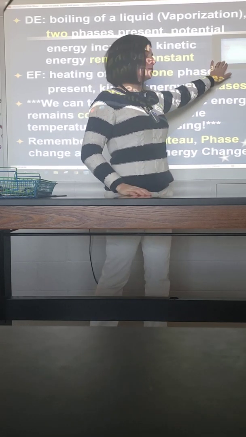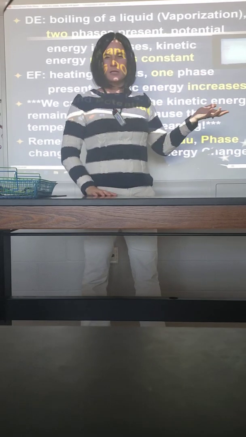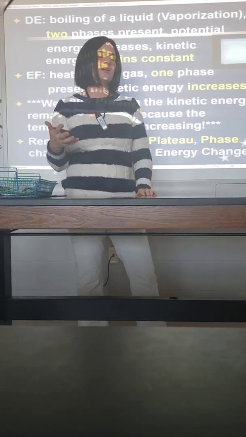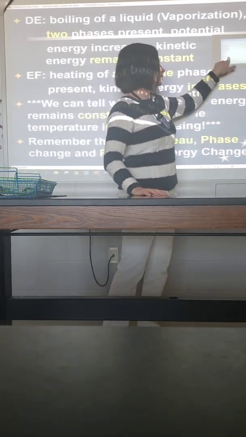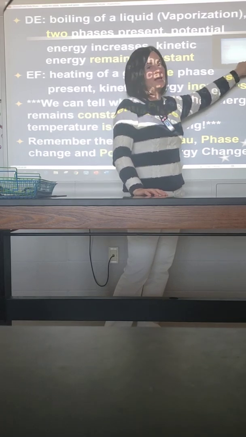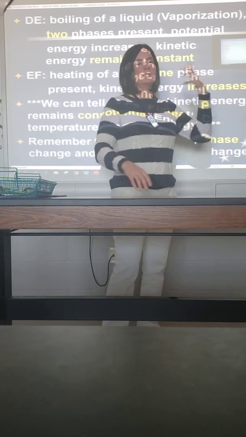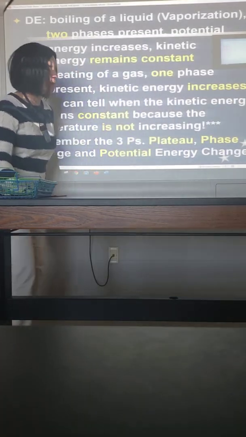So you might want to watch this one a couple times in Google Classroom just because it is a little bit quick, and once you kind of realize what you're looking at, sometimes it's over at that point. So you will be watching this graph in the background, but then also watch the chunk of ice as it actually melts and then it actually starts to boil, and then as it actually starts to vaporize and evaporate into that gas version. So we will go ahead and stop there.